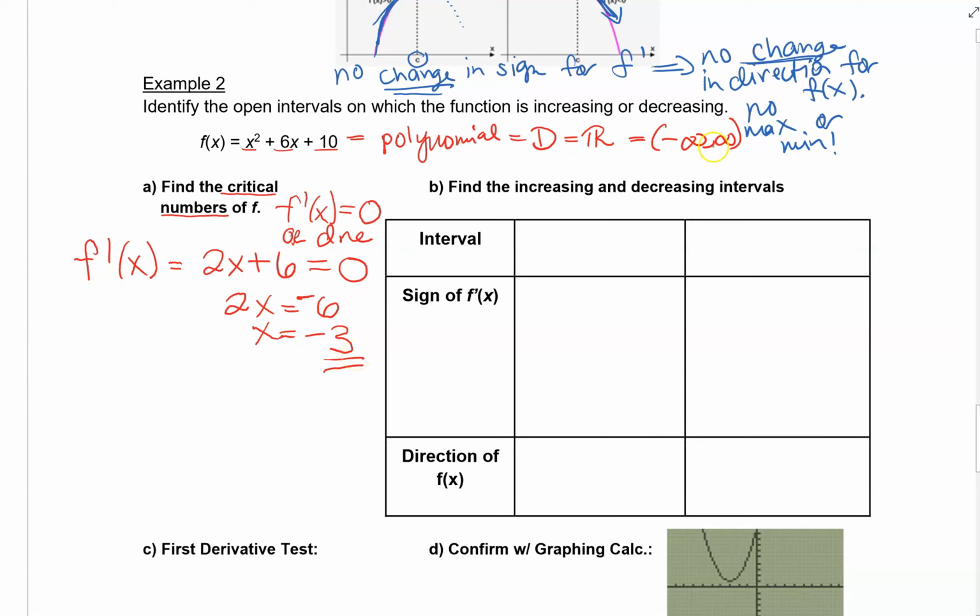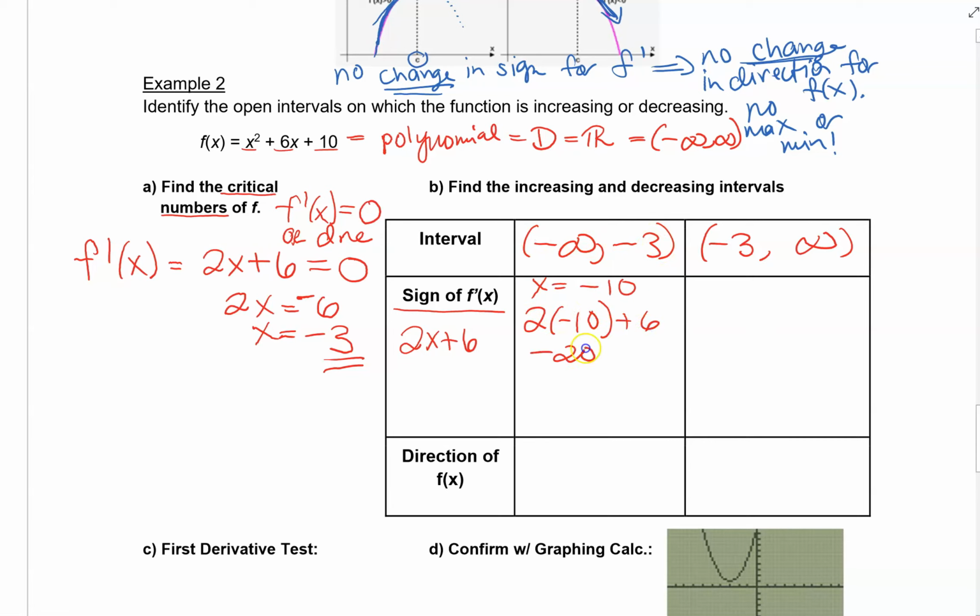So I take my interval, my domain, from negative infinity to infinity, and I just break it up at negative 3. So just basically cutting the number line in half into 2 parts. And then I just check the sign of f prime on that interval. So remember f prime is 2x plus 6. So to the left of negative 3, maybe I'll use negative 10.